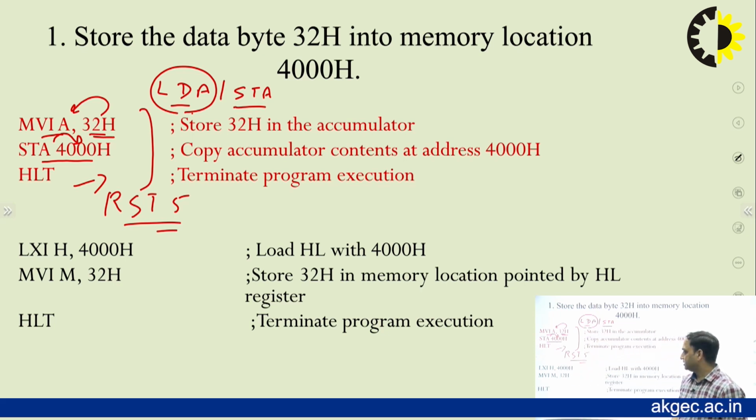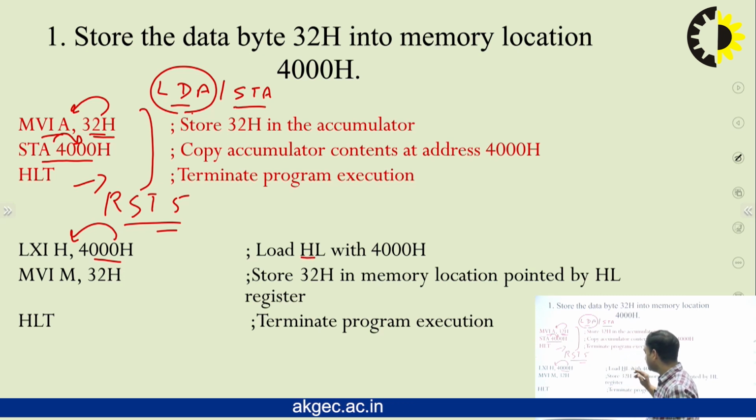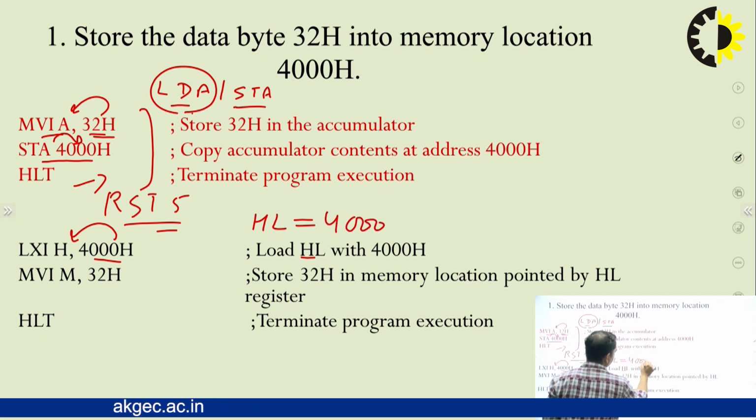The second method for the same program is as follows. If we write LXI H 4000H, it means this 4000H will be stored into the HL register pair. So in this case the HL pair is equal to 4000H. Then MVI M comma 32.